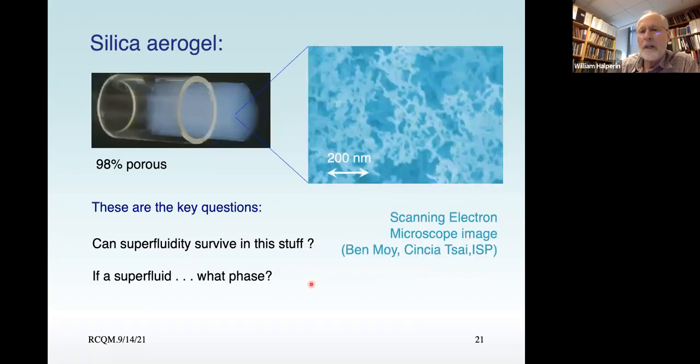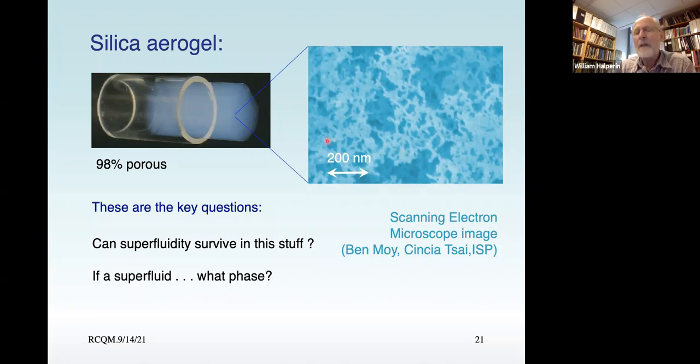So here's the aerogel. So the key question for the neophyte is, well, why would you ever think you're going to put helium-3 in there and get anything sensible? Well, you'll be surprised. If you don't know, the transitions to superfluidity of helium-3 in this environment are very sharp. The phases are extremely well defined. And although this distance measure is 200 nanometers, that's on the scale of the mean free path.